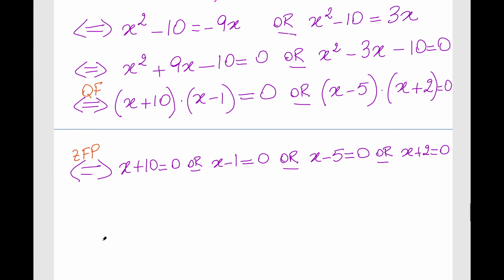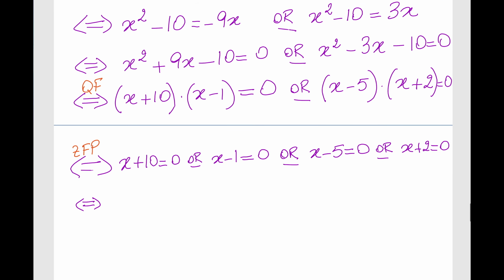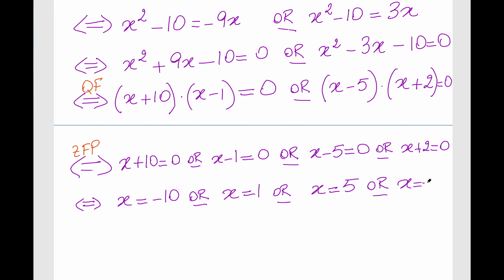And this is equivalent to saying that x is either negative 10 or x is 1, right? I'm solving each linear equation in one variable, so this is easy. You just add negative 10 to both sides, add 1 to both sides, and so on. Or x is equal to 5, or x is equal to negative 2, right?